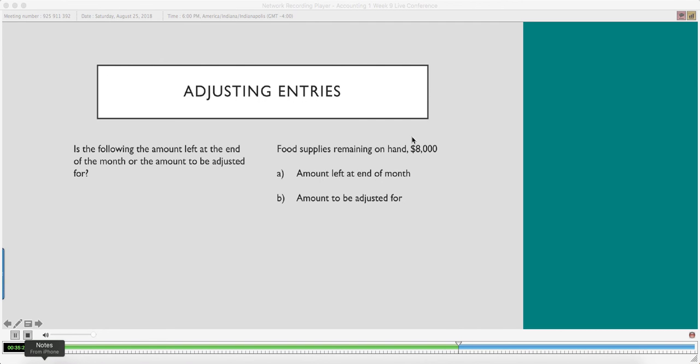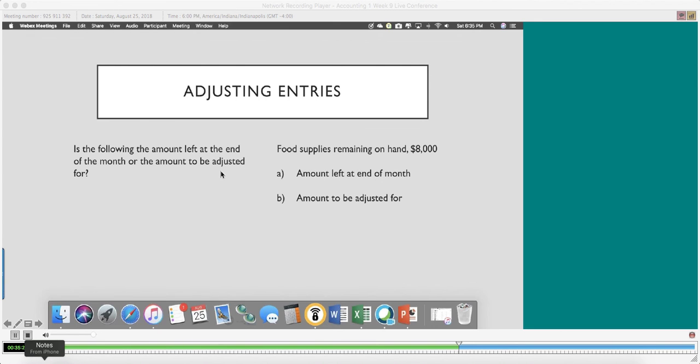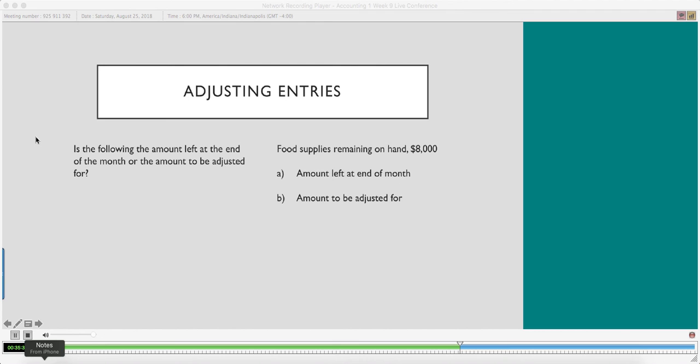Okay, the next one, it's pretty similar to the one we just did. Food supplies remaining on hand of $8,000. Exactly.